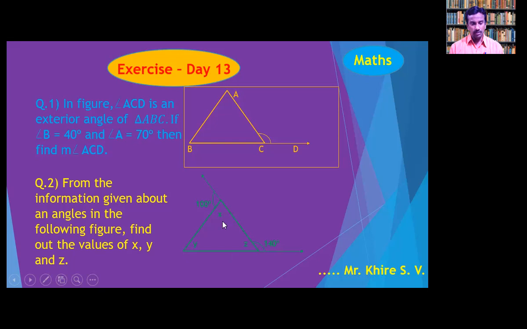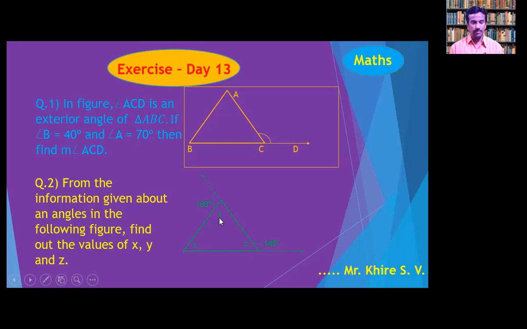Now, we know x is equal to 80 degrees and z is equal to 40 degrees. Now find the value of y. We know the sum of all angles of a triangle is 180 degrees. Therefore, x plus y plus z is equal to 180 degrees.